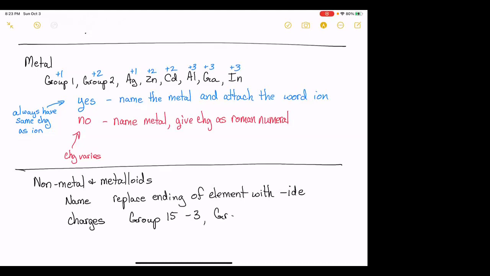If I say I have selenide, because it's in group 16, it is going to be a -2. And if I say I have bromide, whoops, that's supposed to be group 17, that means that it's going to be a -1. So basically for figuring out the charge on the nonmetal, it depends upon what group it's in.